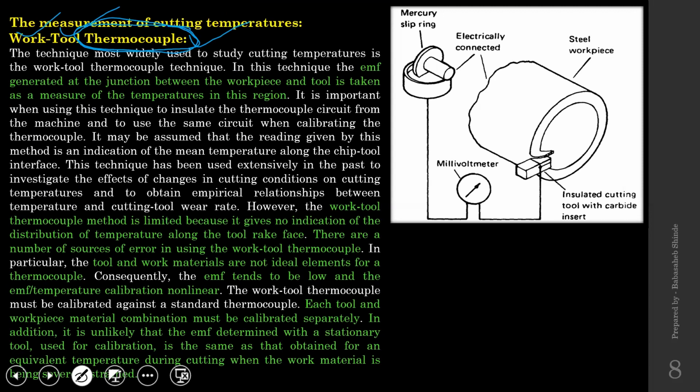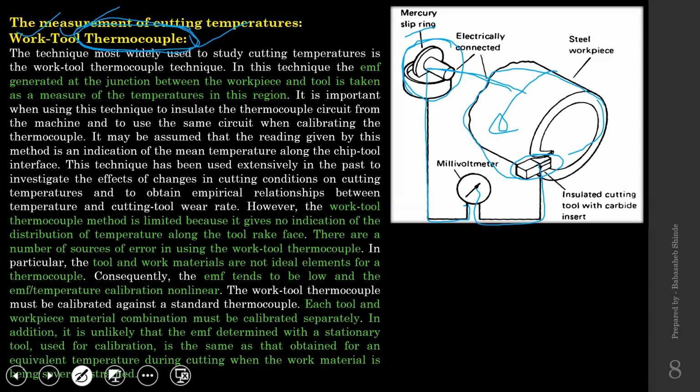If you look at this sketch, this is the cutting tool connected in an electrical circuit. This is the workpiece that is going to have rotary motion. To maintain the electrical contact, this mercury slip ring will be used, and that way the workpiece will also be connected into the electrical circuit.